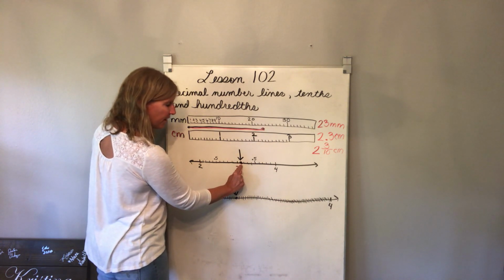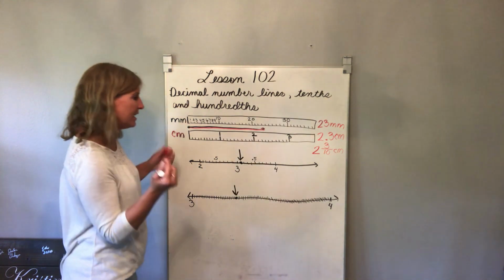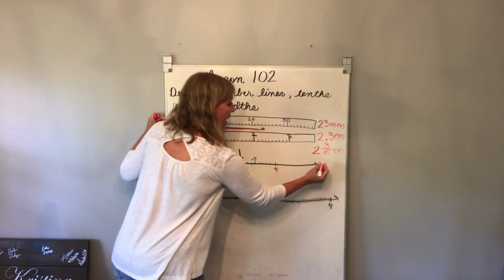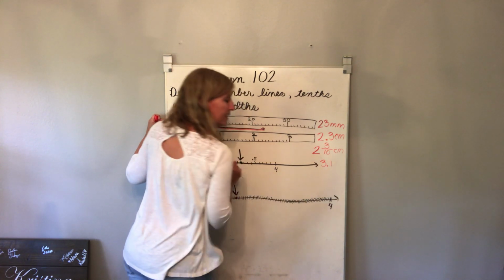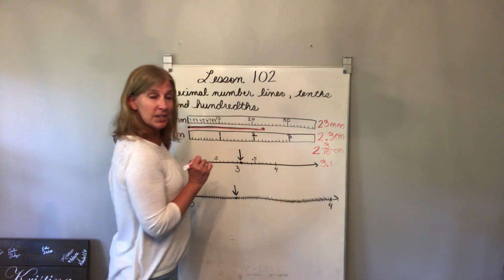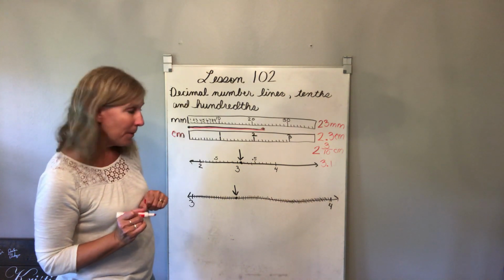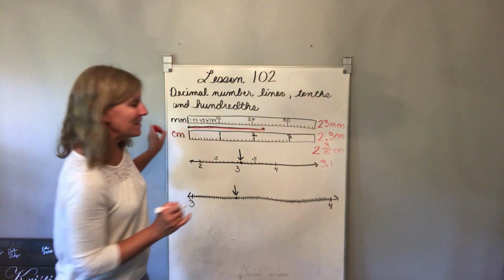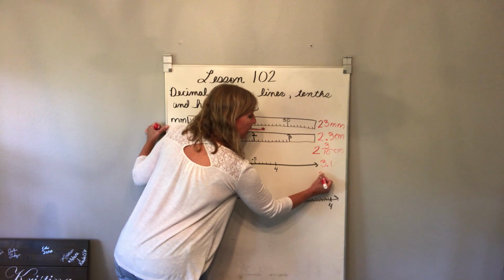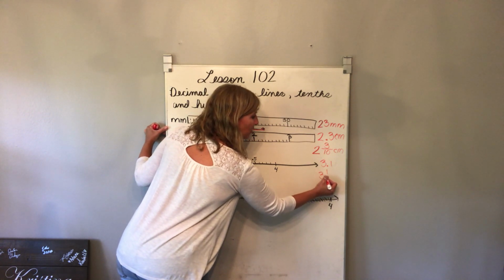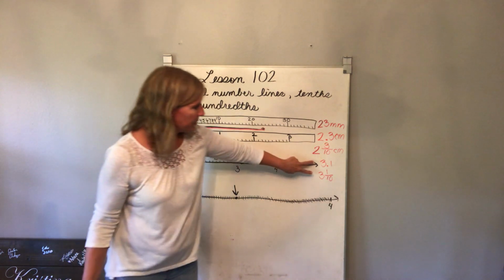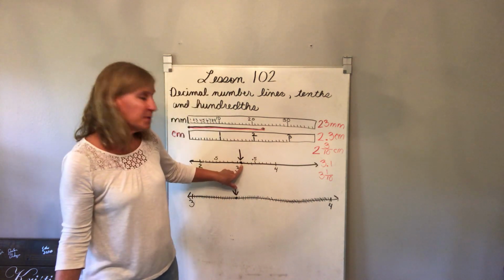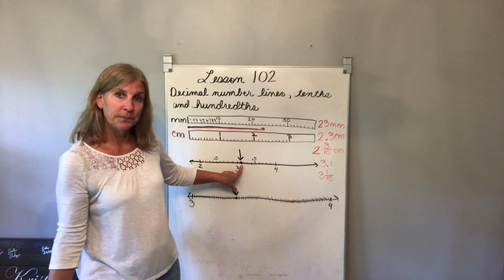We're at the very first spot, so we are going to name this spot as 3 1/10. Can you tell me another way to write that number? It's a mixed number, you are right. 3 1/10. Both of these numbers name this point on my number line.